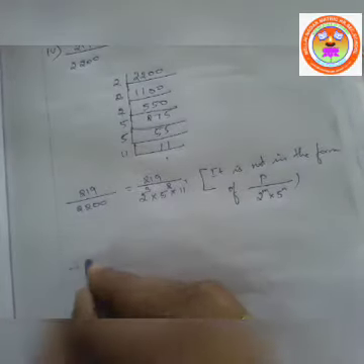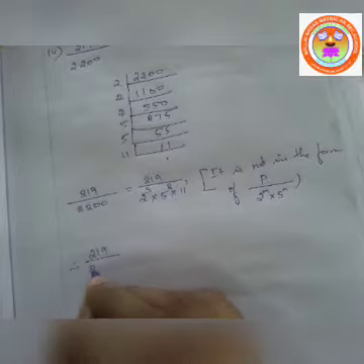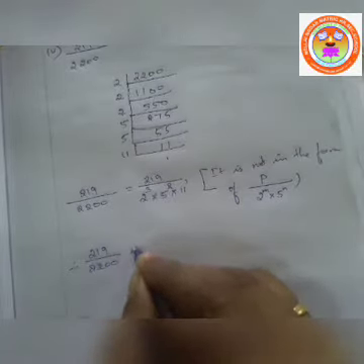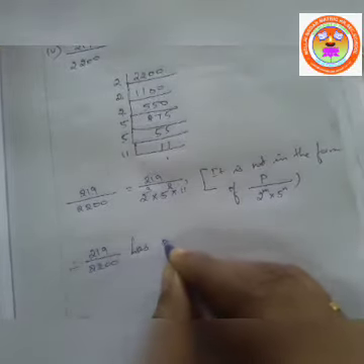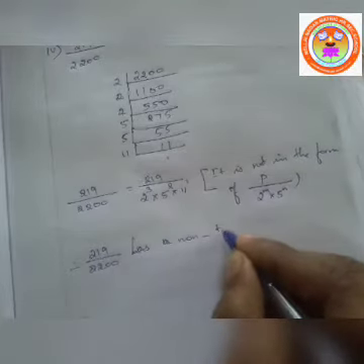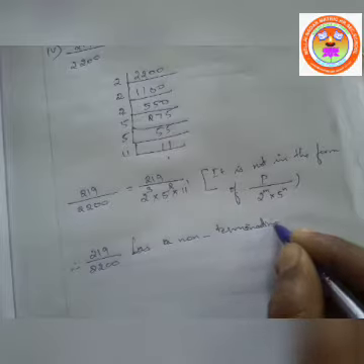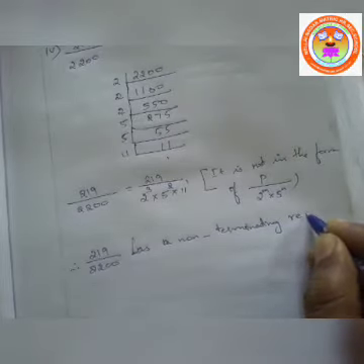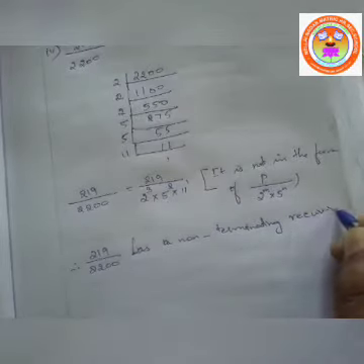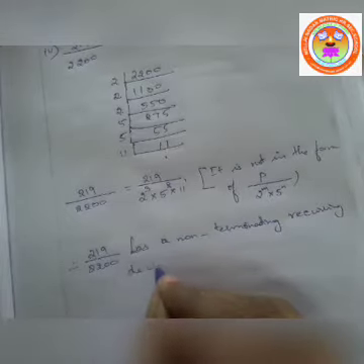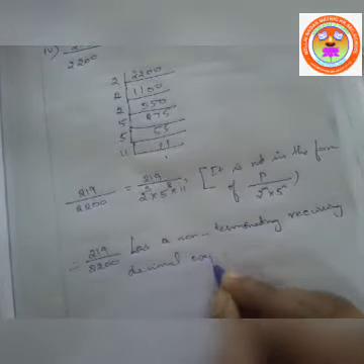So therefore 219 by 2200 has a non-terminating recurring decimal expansion.